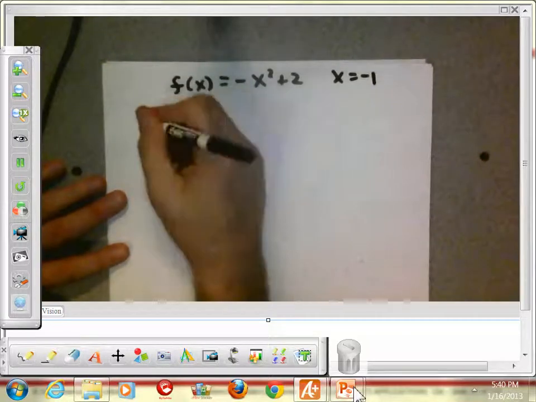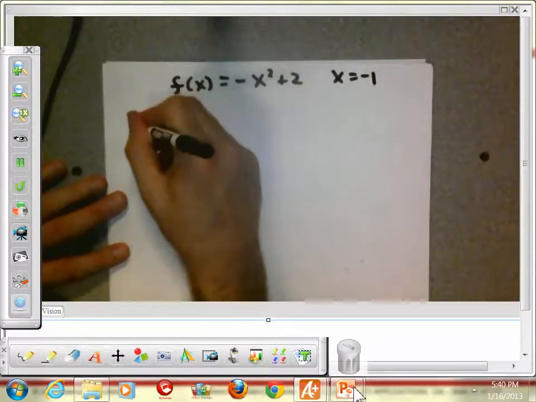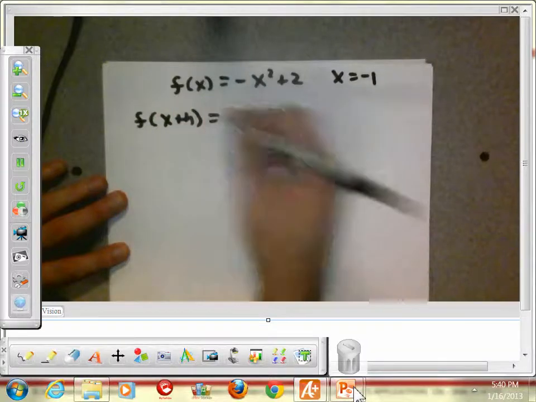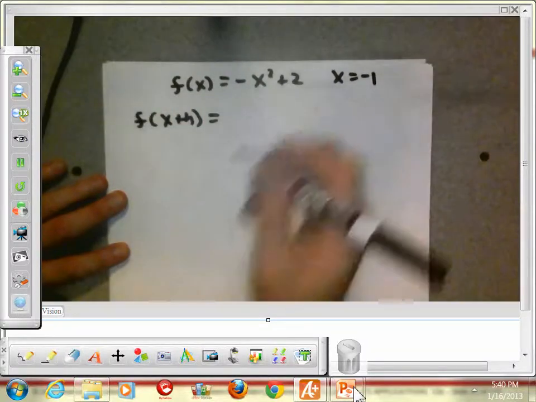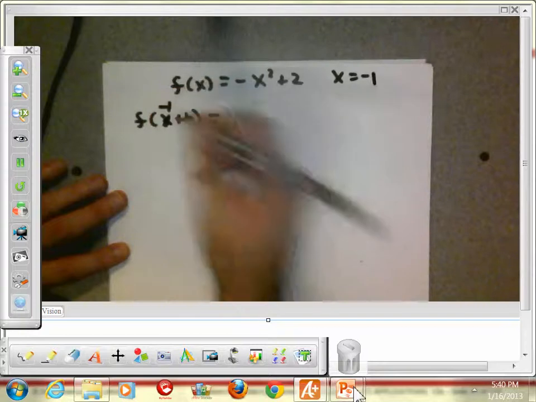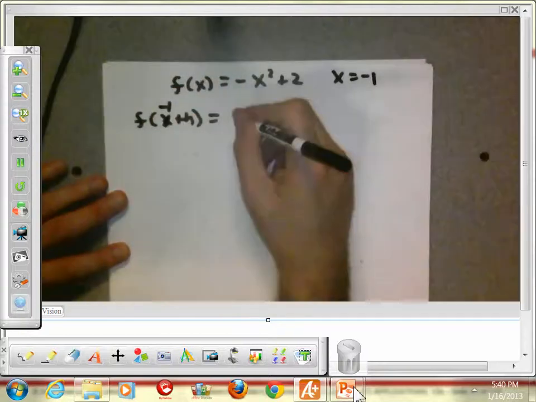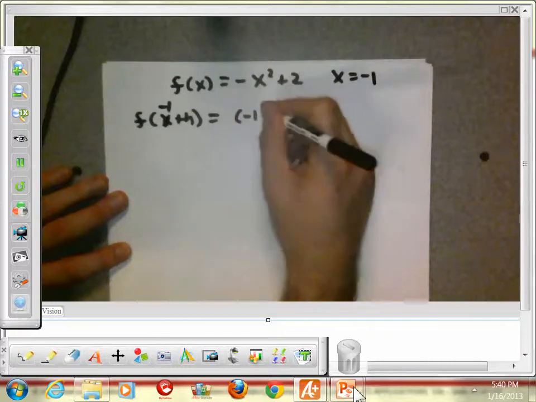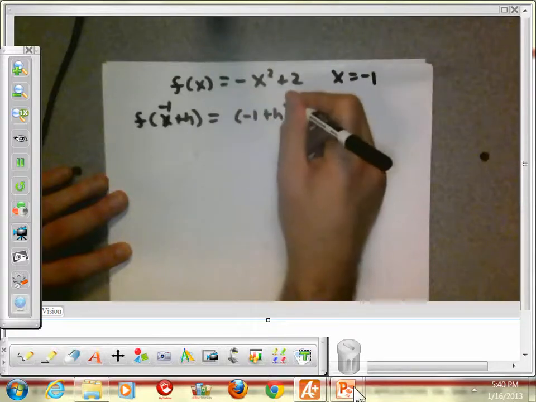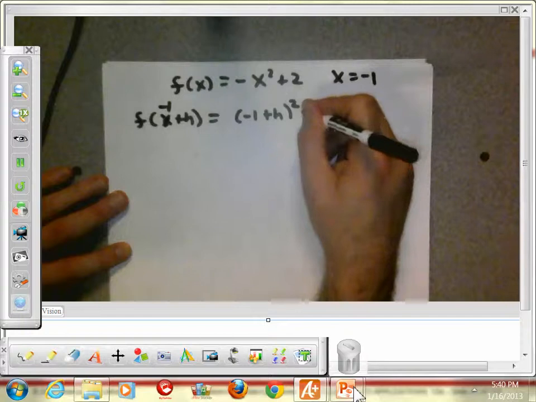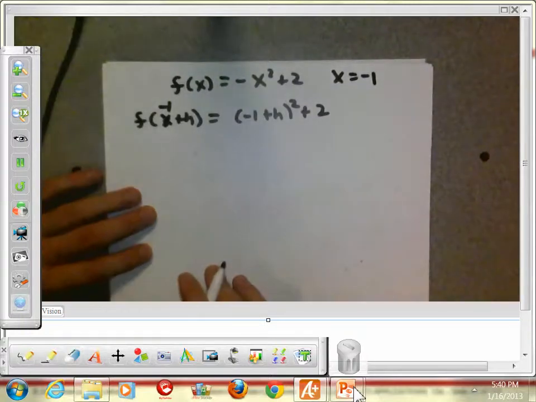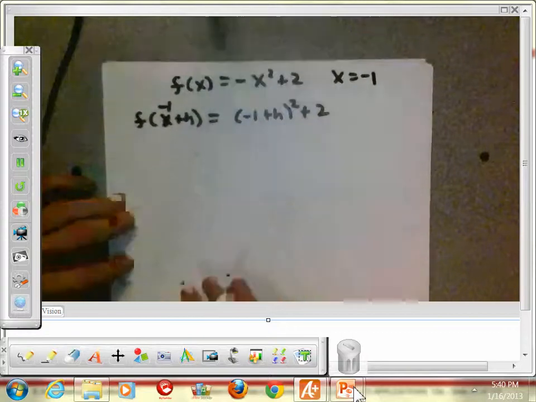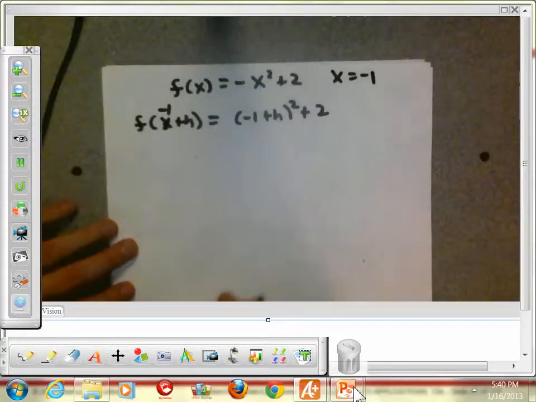All right. So then what we have here is we want to know what f of x plus h is. Well, f of x plus h is, or I'm sorry, negative 1 plus h is going to equal negative 1 plus h quantity squared plus 2. Oh, negative. There we go.